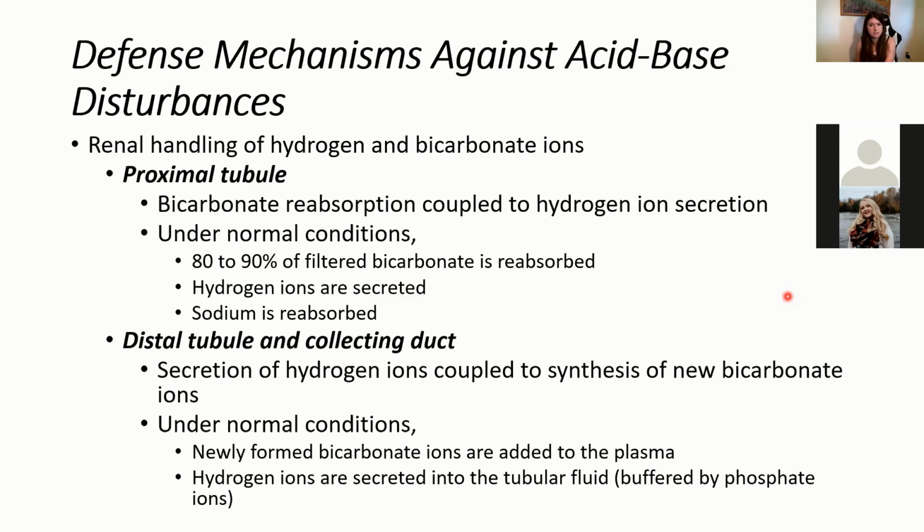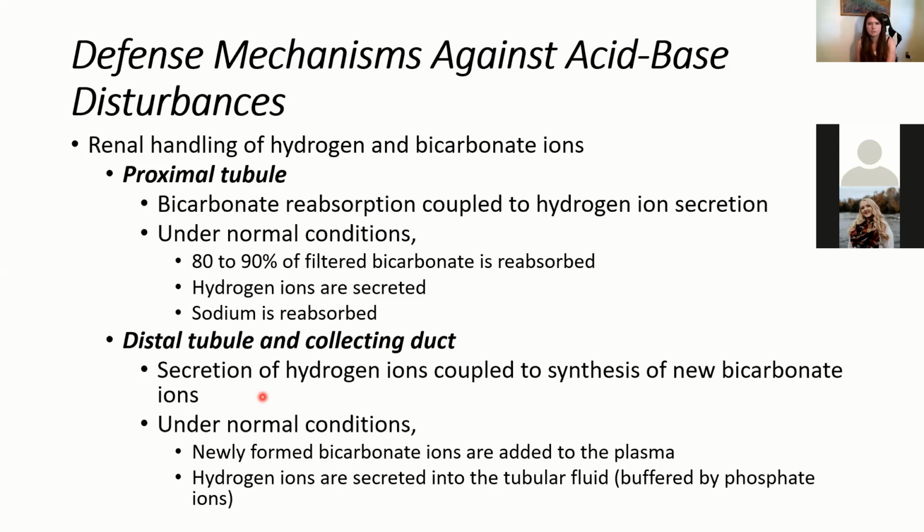When we get to the distal tubules, we're still going to be secreting hydrogen, but what we're also going to be doing is synthesizing new bicarbonate ions. And this is important because by the time you get to the distal tubule, you already reabsorbed 80 to 90% of your bicarbonate. So there's not really bicarbonate left by the time that fluid gets to the distal tubule and the collecting duct.